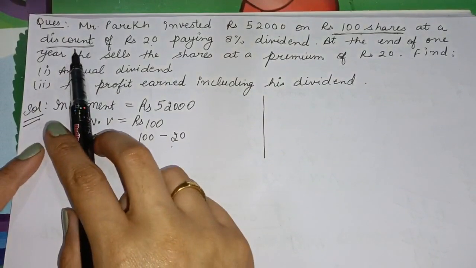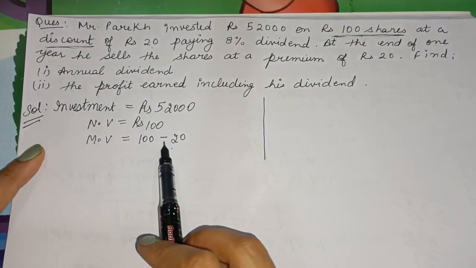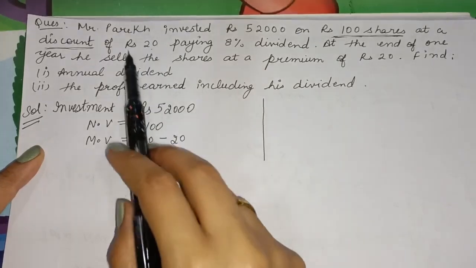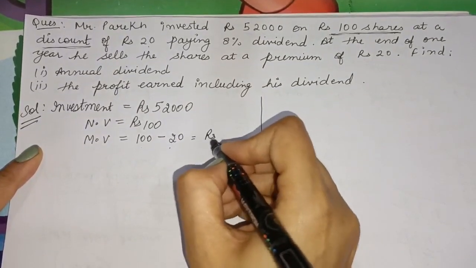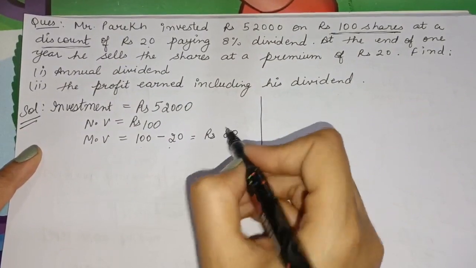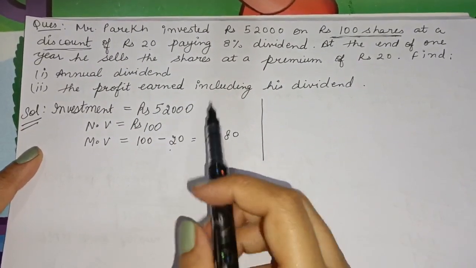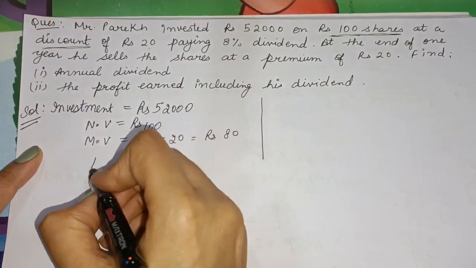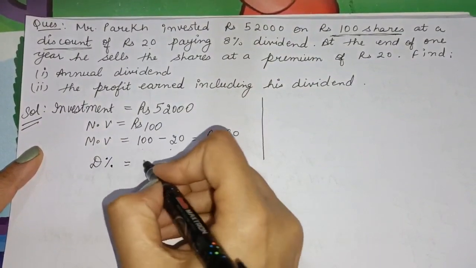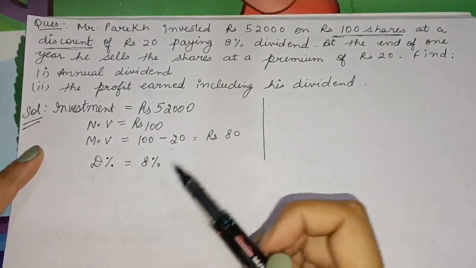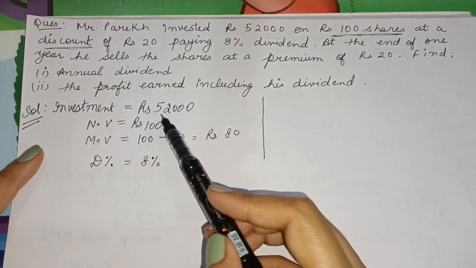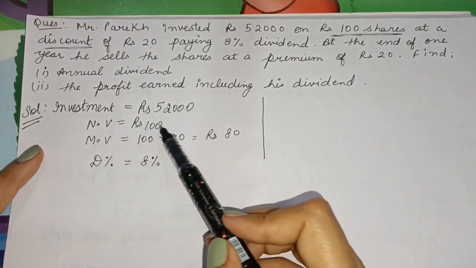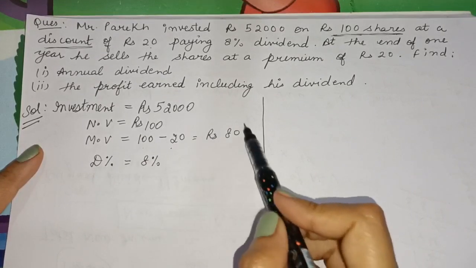Whenever discount is there, that time we have to subtract that particular discount from the nominal value. So this is how our MV's value we got equal to 80. 100 minus 20, 80. Dividend percentage is also given to us, equal to 8%. So in the first case, the investment which is done is 52,000, nominal value 100, market value rupees 80.